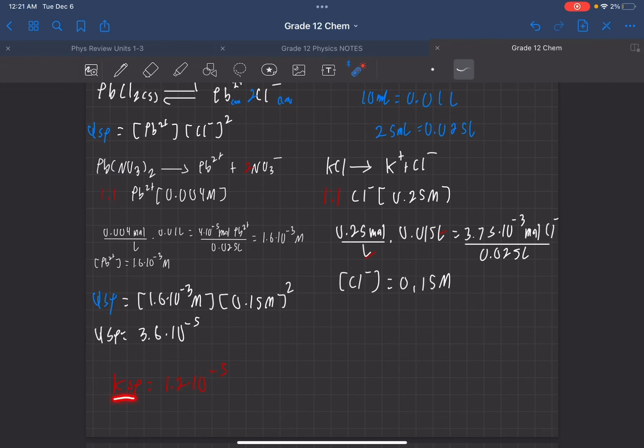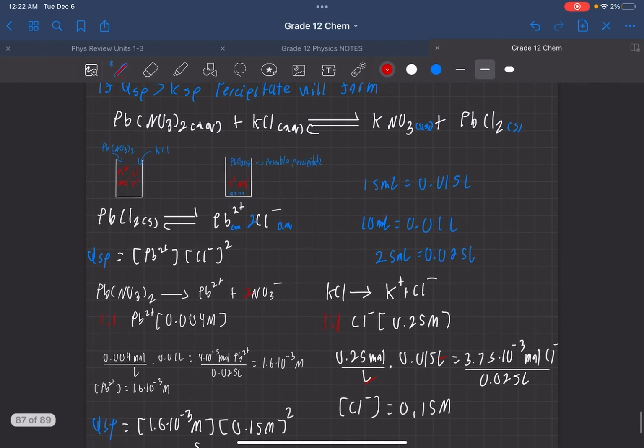Okay, so over here I wrote down the KSP value. As we can see, the QSP is clearly greater than the KSP. And when the QSP is greater than the KSP, that means we have too many ions in solution.